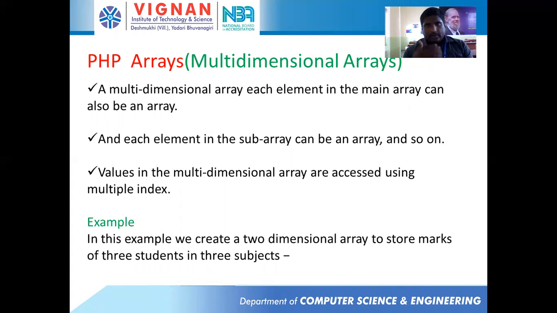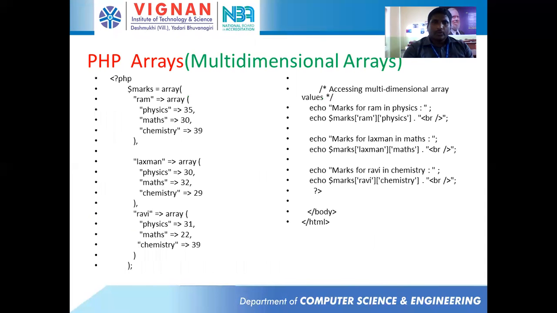So this is an array, and this is the index for the next array, like this. Values in a multi-dimensional array are accessed using multiple indexes. In this example, we create a two-dimensional array to store marks of 3 students in 3 subjects.